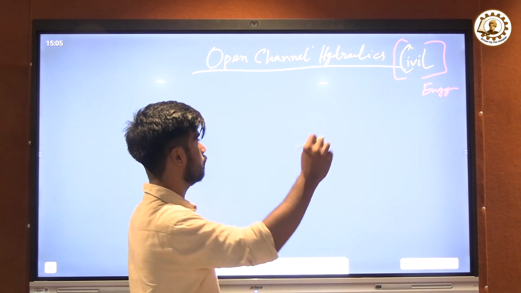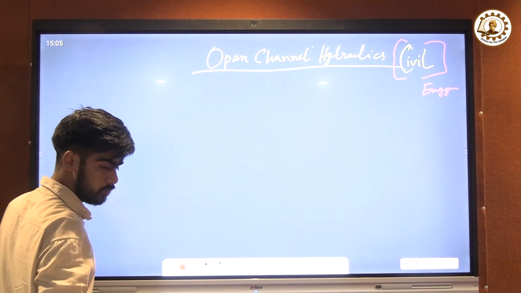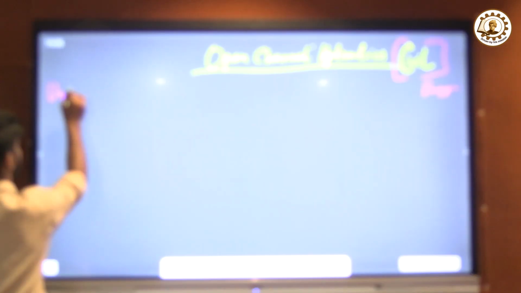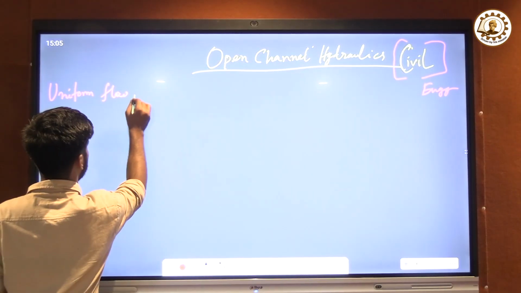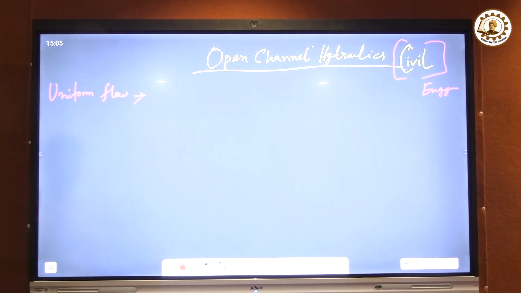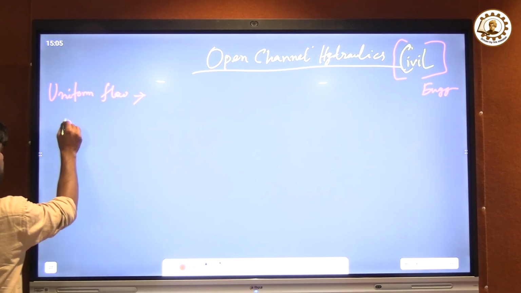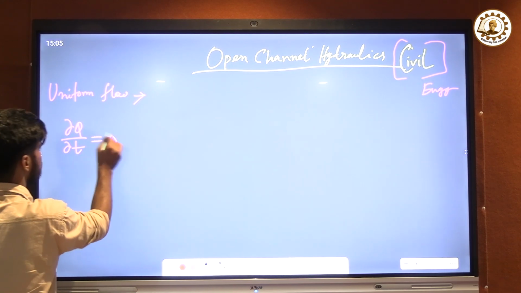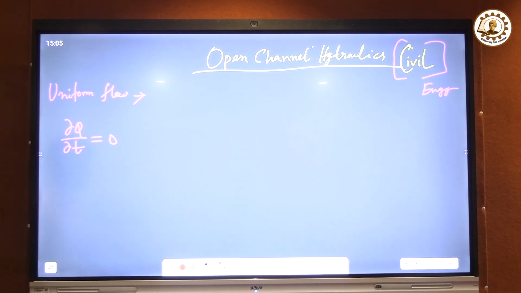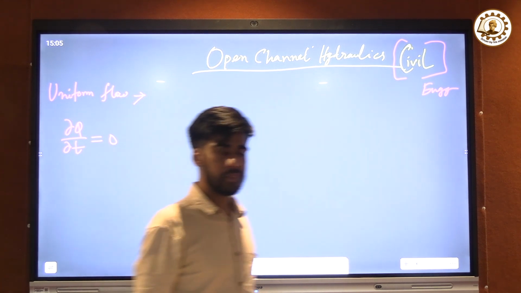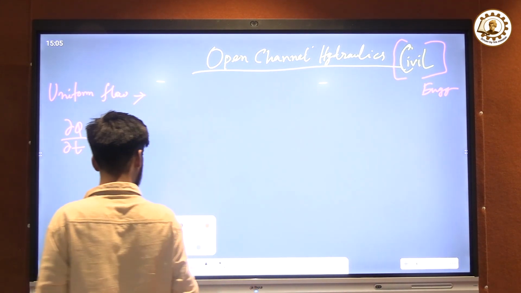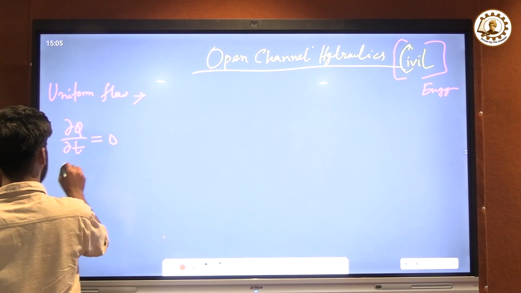Now in order to understand uniform flow, we already know that when the discharge is unchanged with respect to time, we call it a steady flow, right? This is a steady flow.